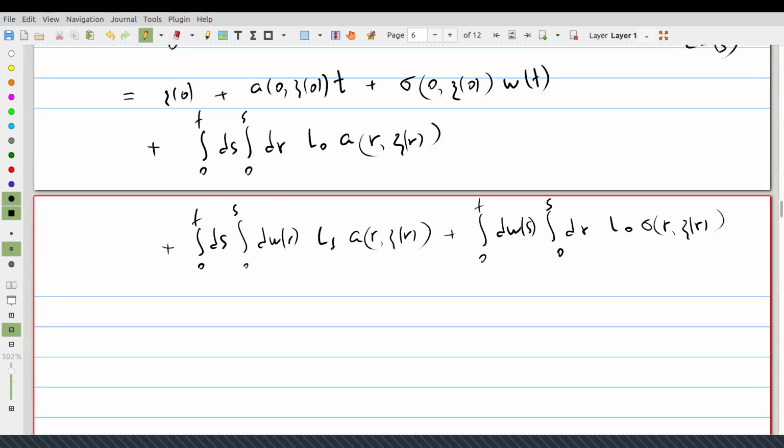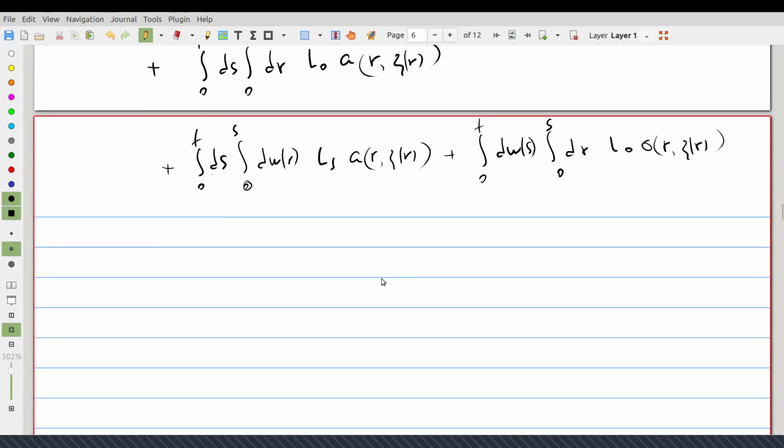By the way, here we have a special domain of integration, but in general you can switch the Lebesgue integral and the stochastic integral. You can switch places for them. So this is called the stochastic Fubini theorem. There is a number of versions of it. And you have the iterated stochastic integral dW_r L1 σ(r) ψ(r).